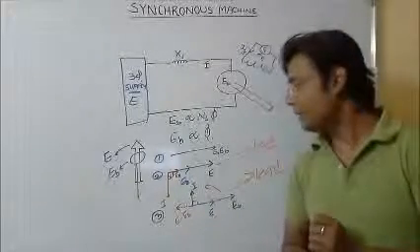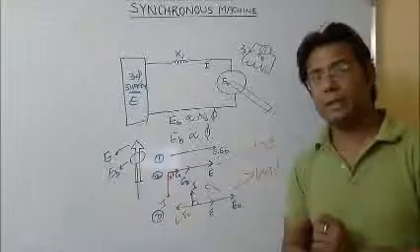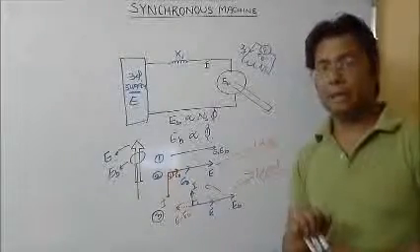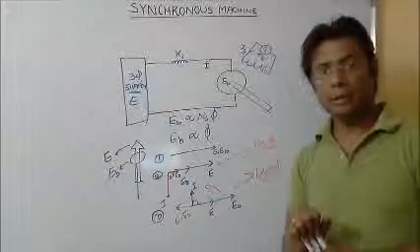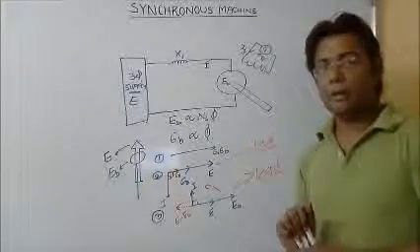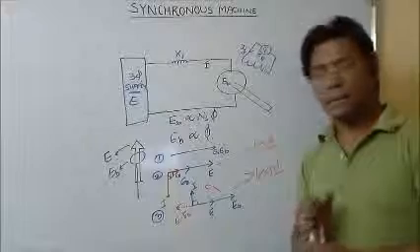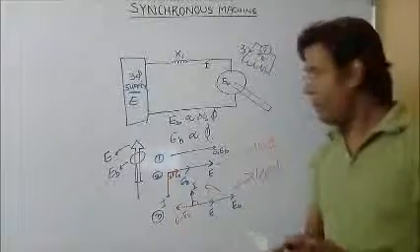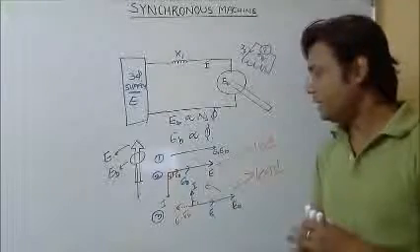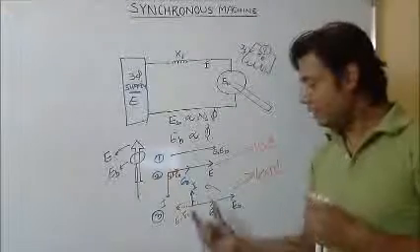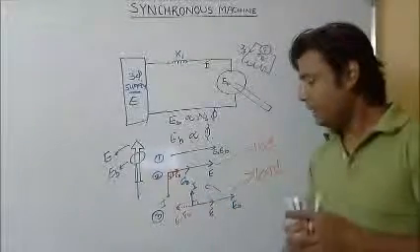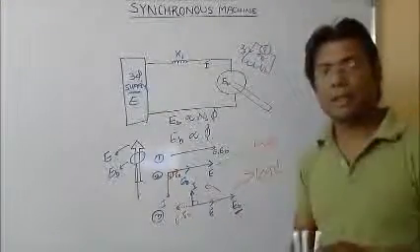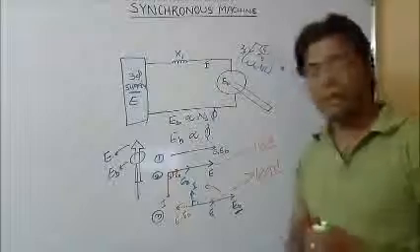So by increasing or decreasing the phi, we increase or decrease the EB and thereby increase or decrease the angle between E and I, which is clearly shown over here. So I can have an arrangement such that the current will be leading in this case, where my machine is overexcited when EB is large.